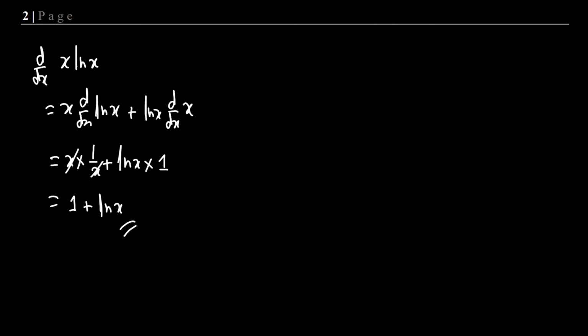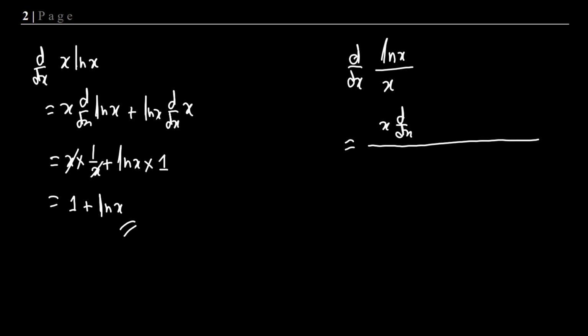Let's say if it is written here ln x divided by x, so if it is in the division form, we can apply here the quotient rule, v du by dx, x into d/dx of ln x minus ln x d/dx of x, and on the denominator you can write x square.